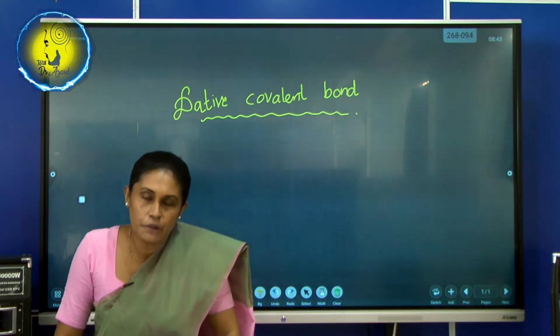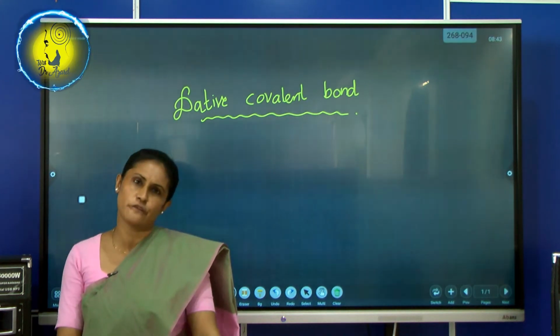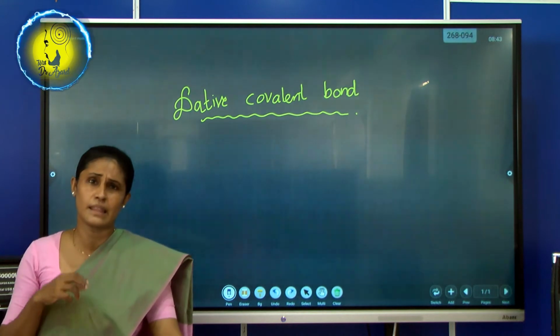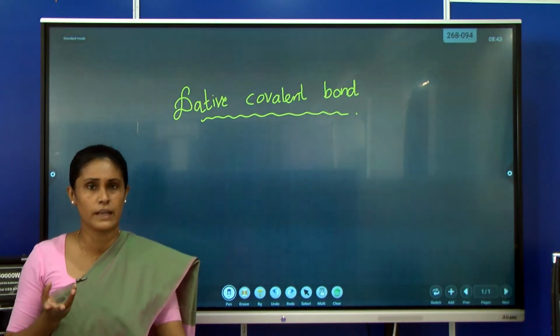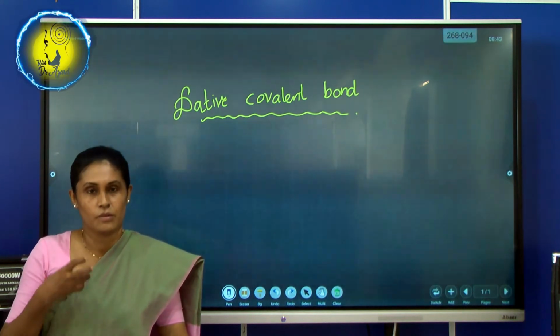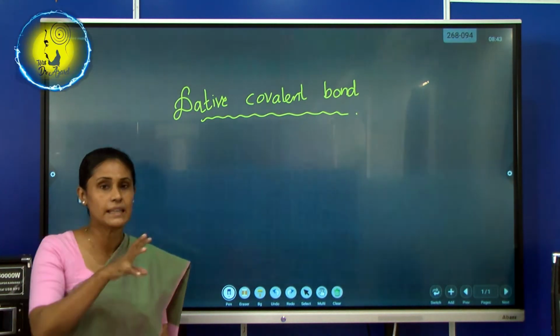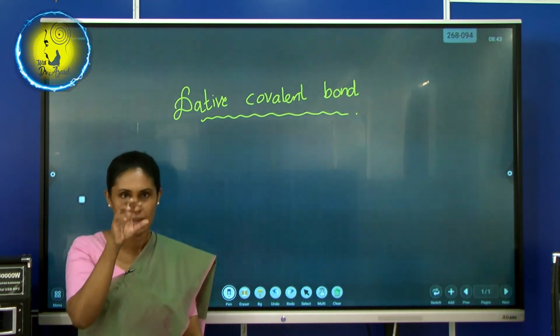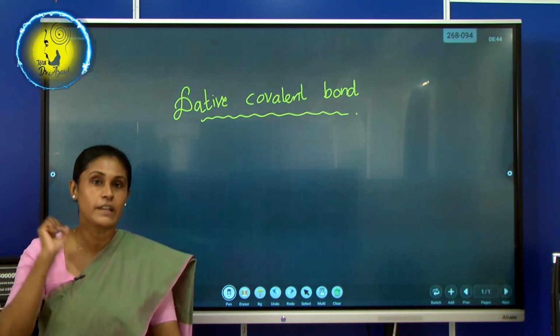I would like to give you a simple definition for dative covalent bond. In the exams, don't think that they will ask what is a dative covalent bond. You have to think beyond that, right? You don't learn the theory by heart, but you have to get the most valuable points into your head and keep them safely in your brain.